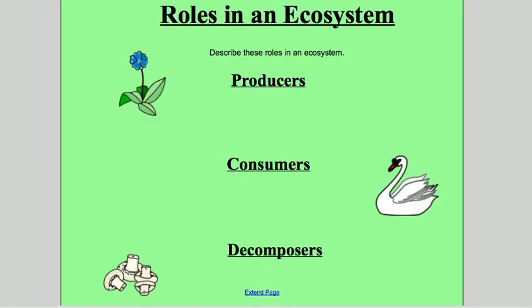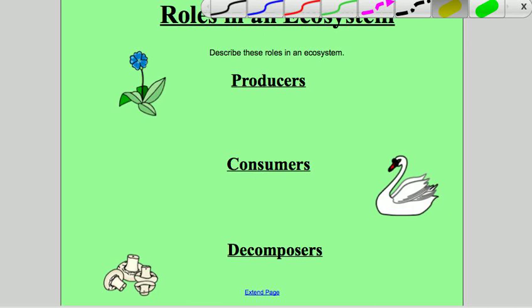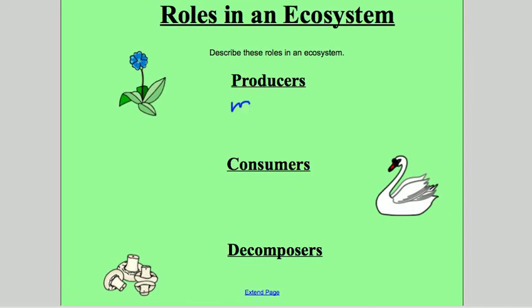Describe the roles in the ecosystem of these different organisms. Well, producers make their own food.